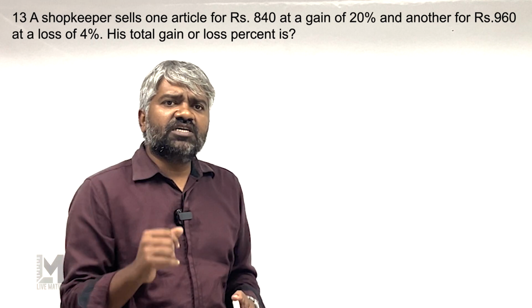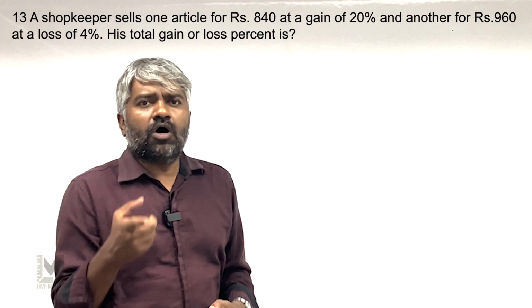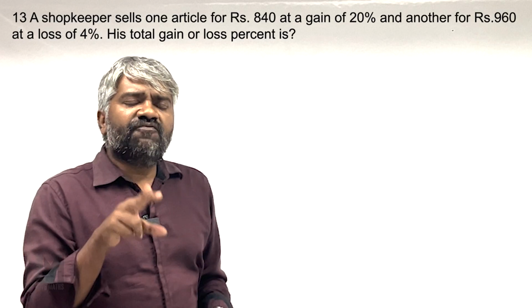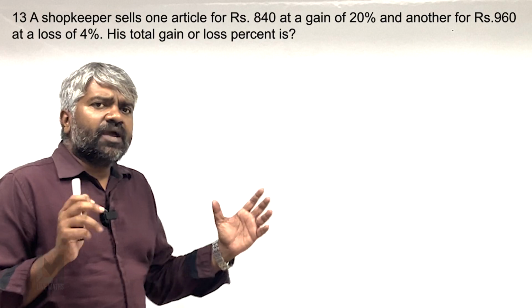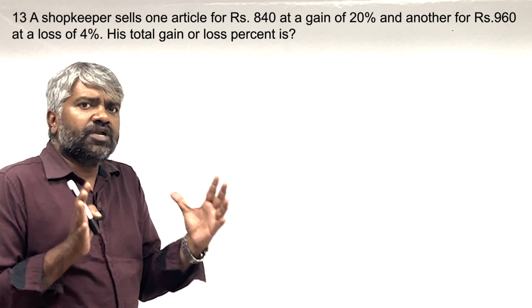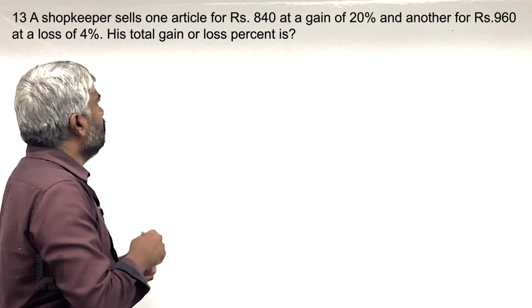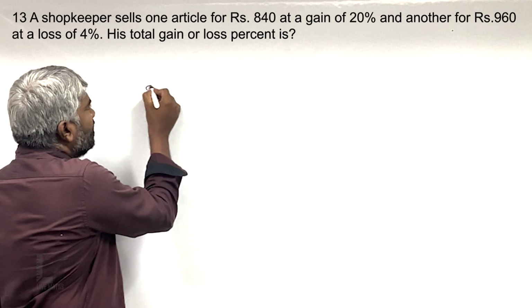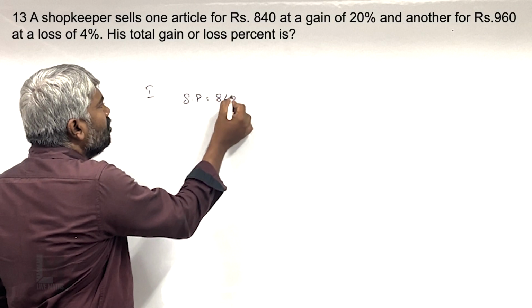Now, the question is, when 2 objects are considered together, whether it is a loss or profit. If it is loss or profit, find their percentage, right? So, now I am going to solve this problem one by one. First article, selling price is 840 rupees.